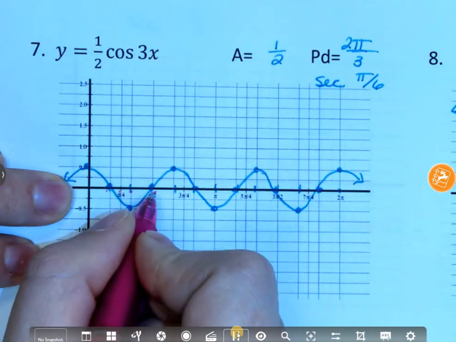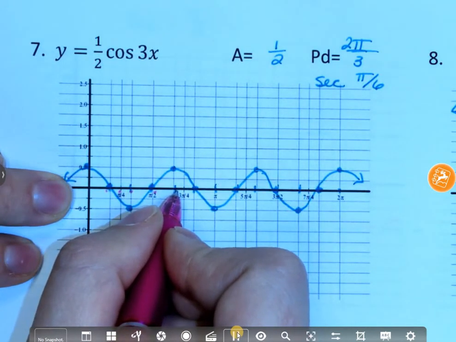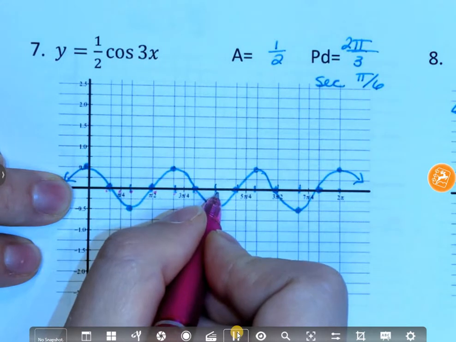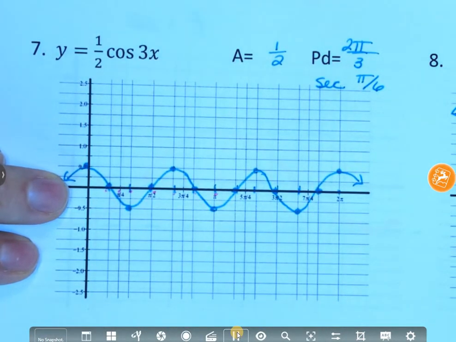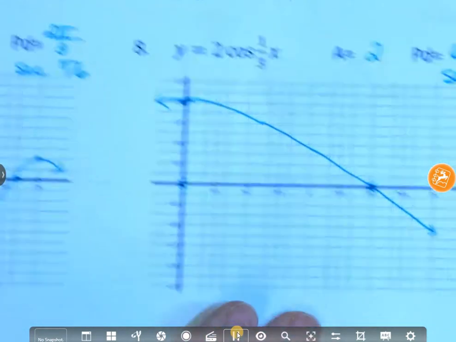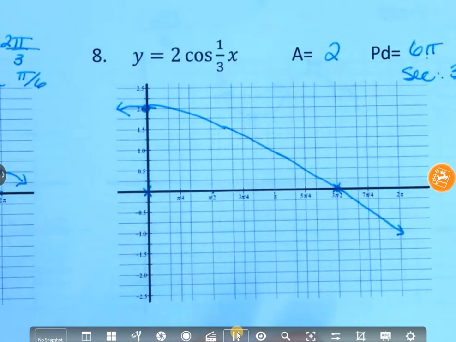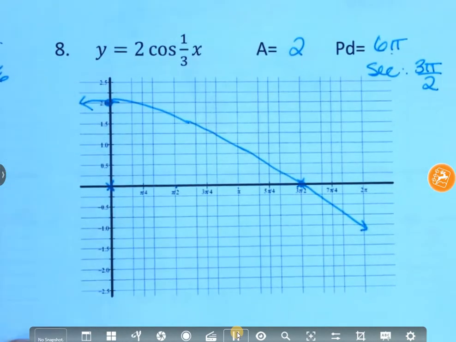This one here is going to be, that's pi over 2, so that's 4 pi over 6 or 2 pi over 3, 5 pi over 6, pi, those lines. Okay? And then on number 8, kind of a weird one looking. I only see a third of my graph. Each section is 3 pi over 2.